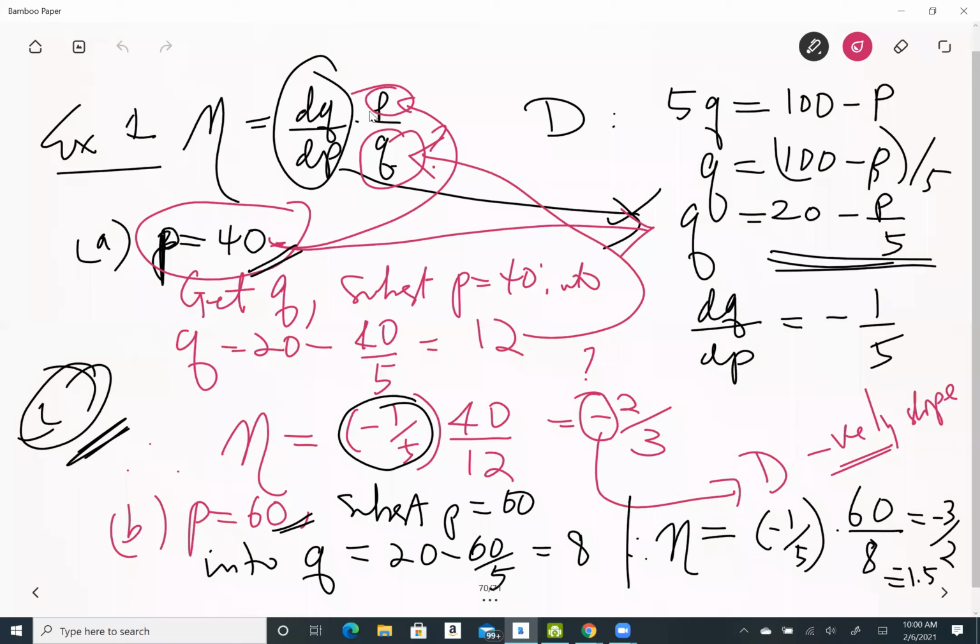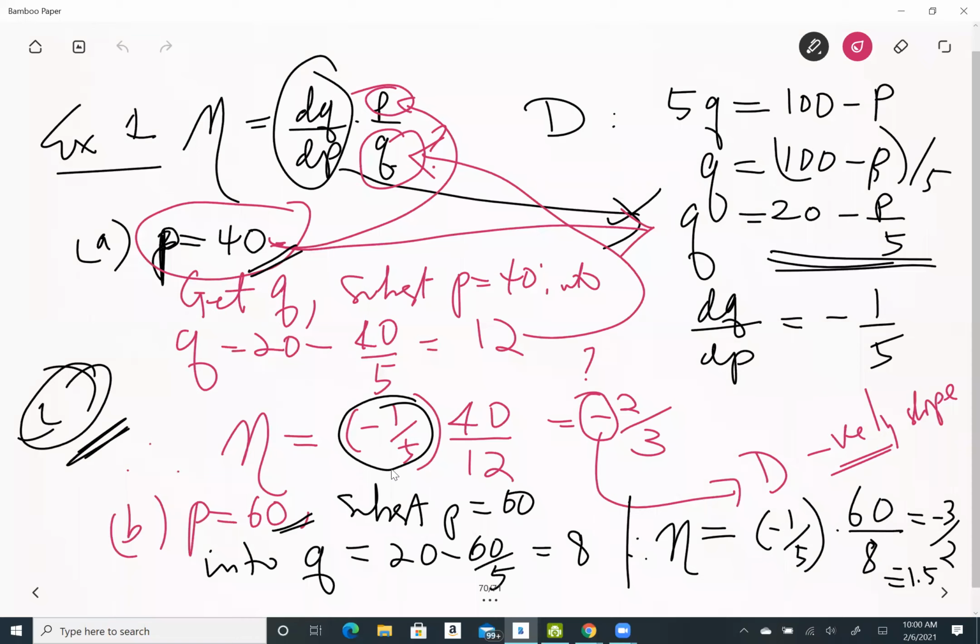The P and Q in the formula are the given point. So you're given the price, then you can find the Q using the demand function. So you got the values of P and Q, and then we get the slope. So we can determine the price elasticity of demand.